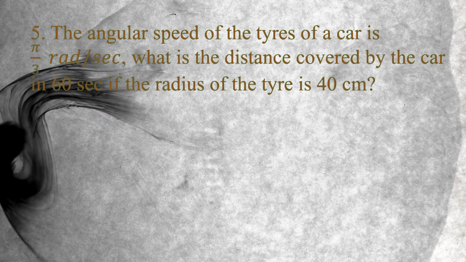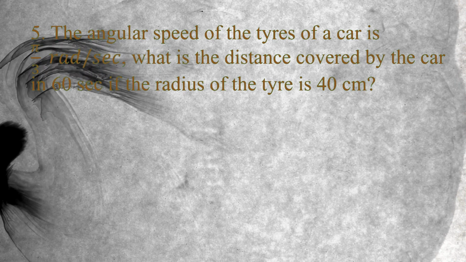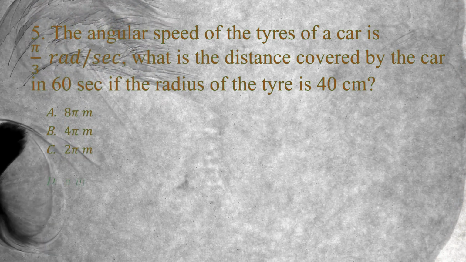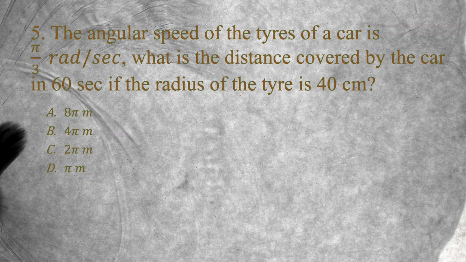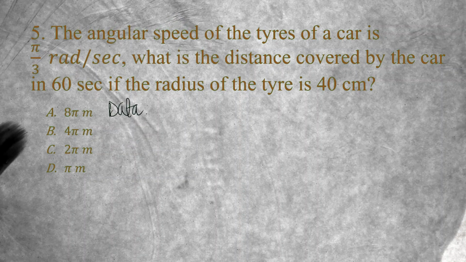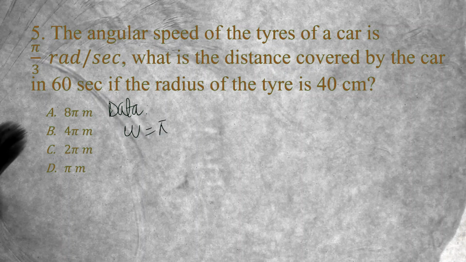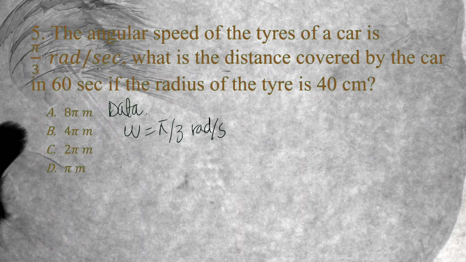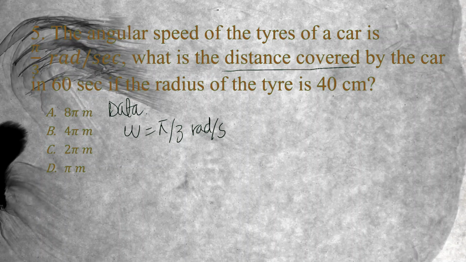Okay, so next MCQ is: the angular speed of a tire of a car is pi by 3 radian per second. So we will make data as we are reading the MCQ. The angular speed is given as pi by 3 radian per second. What is the distance covered by the car in 60 seconds?